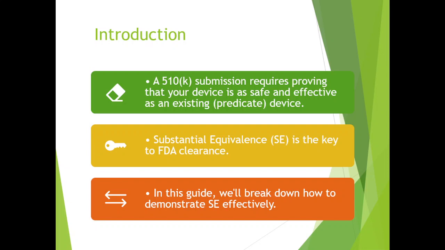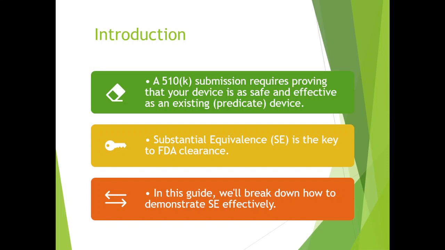The underlying logic is that since the FDA has already reviewed and approved a similar device, if the new device demonstrates substantial equivalence, the FDA can streamline its review process. For the parts that are substantially equivalent, the FDA can review them quickly, focusing efforts on the differences.